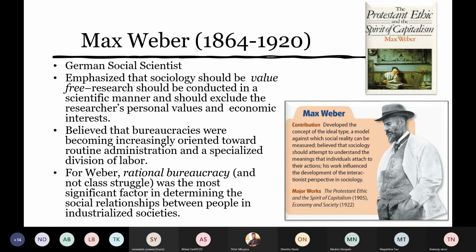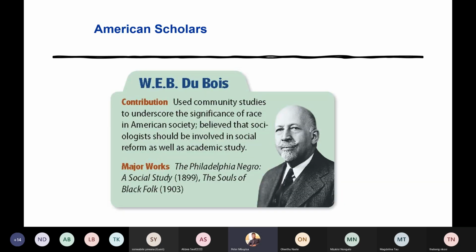So he said that rational bureaucracy and not class struggle was the most significant factor in determining social relationships between people in society. That's exactly what he said. We shouldn't focus on classifying people, but we should focus on our actual relationships as members of society, so that we are structured in a more organized and peaceful manner.